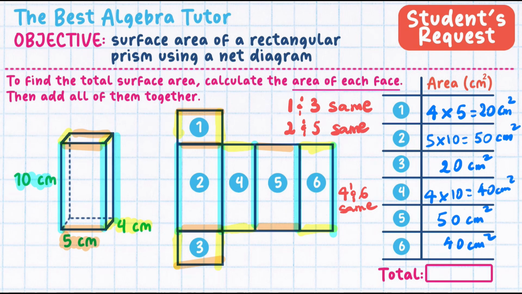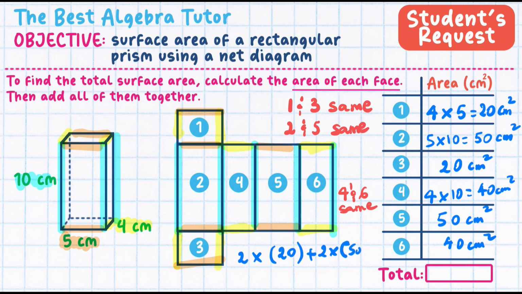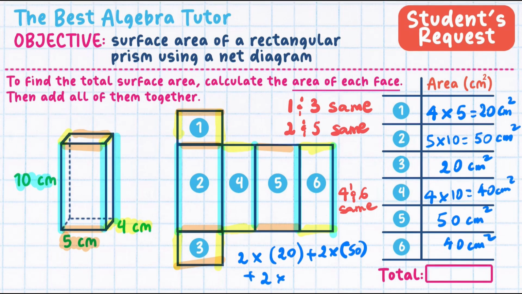Okay. Now we are ready to add all the areas of each face to find our total surface area. What we could do is, we know that 1 and 3 are the same, 2 and 5 are the same, 4 and 6 are the same. So we could just do 2 times 20 plus 2 times 50 plus 2 times 40.